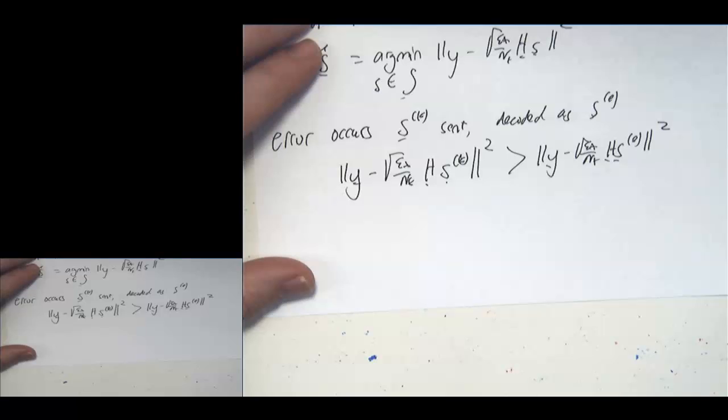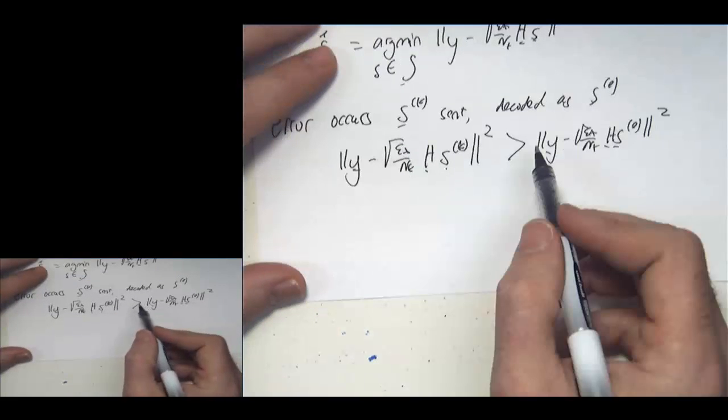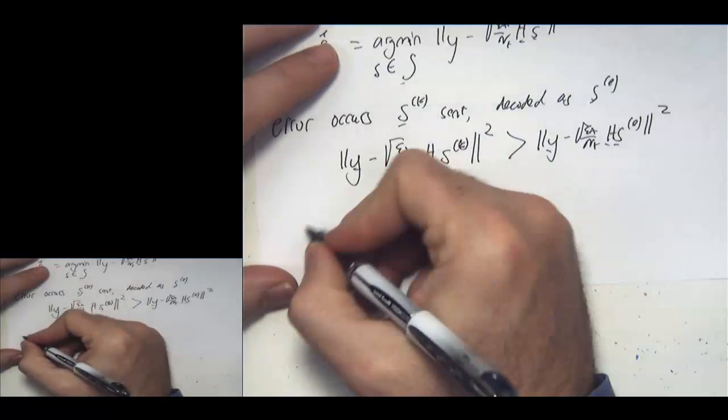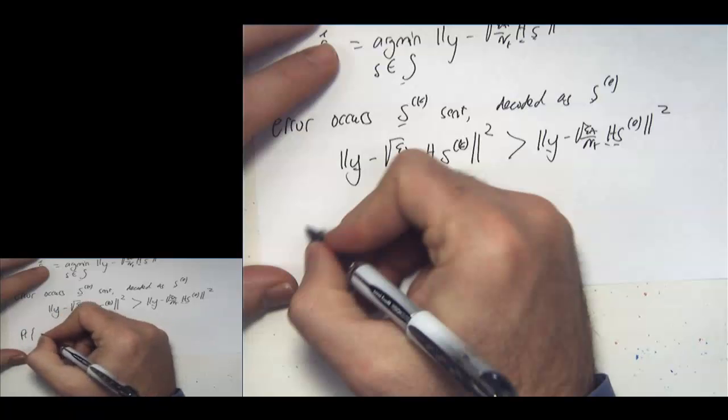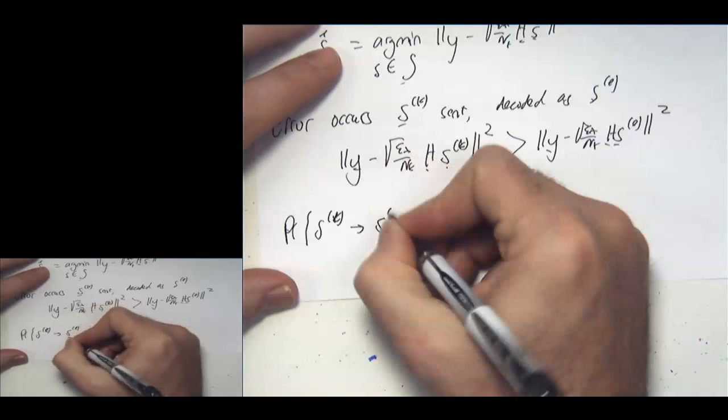Now, for similar reasons as we argued in the scalar case, and without going through this detailed calculation, you only make an error effectively when, well, it's a bit complicated to explain, but let me just give you the main equation.